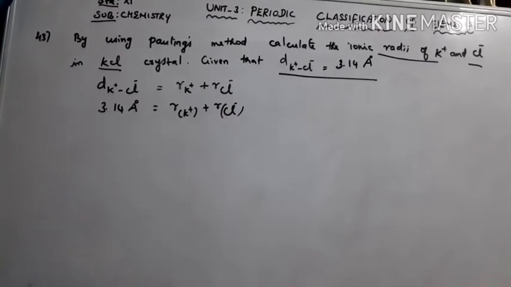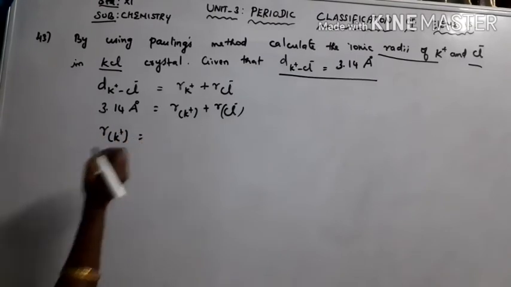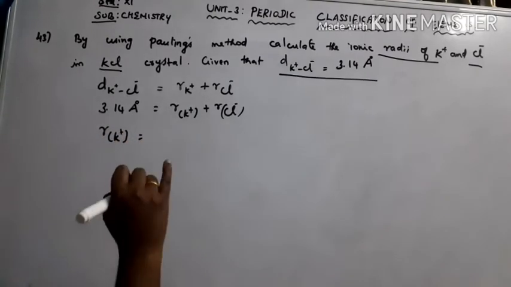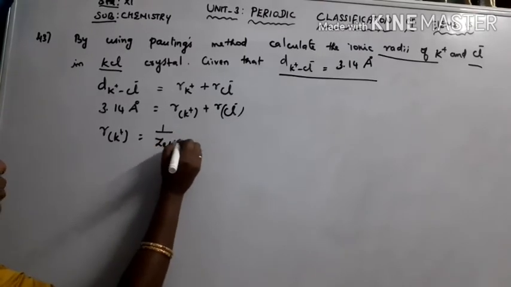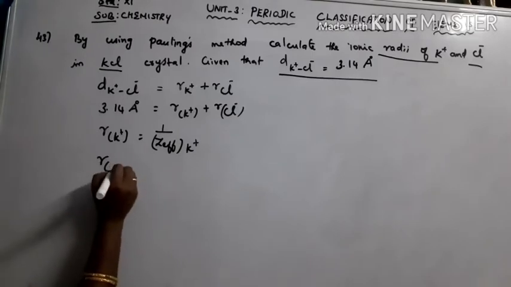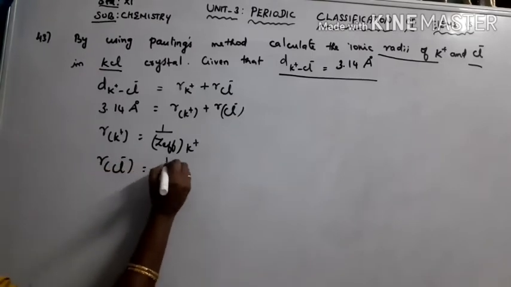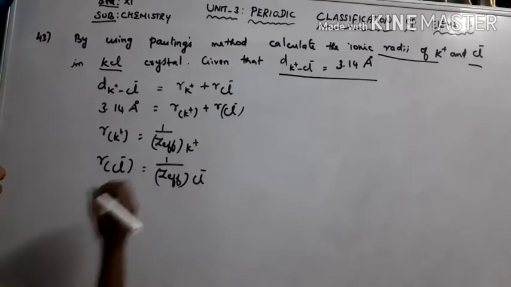So what's the second step? We know that the radius of K plus ion is inversely proportional to the effective nuclear charge of K plus. At the same time, the radius of Cl minus ion is also inversely proportional to the effective nuclear charge of Cl minus ion.